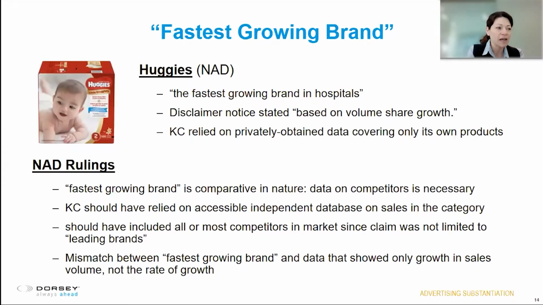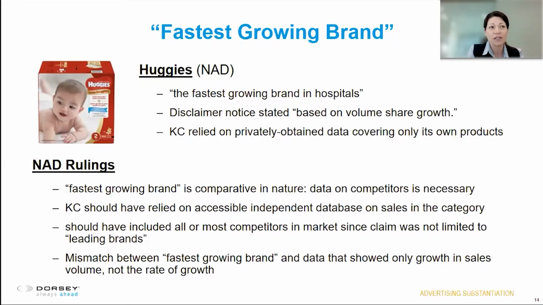So the NAD found that this was a comparative sales claim, which has to be supported by reliable sales or market share data for the market as a whole, and not just the Huggies or Kimberly-Clark market. So the fastest growing brand claim is comparative in nature, and data on competitors was necessary.